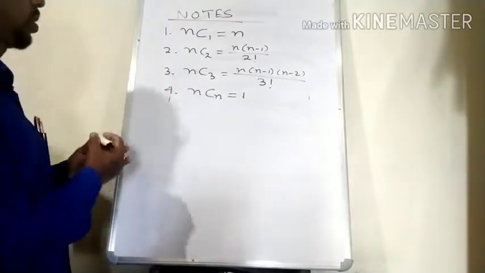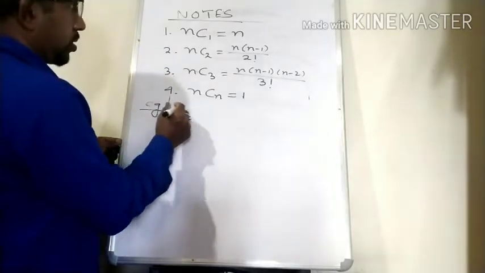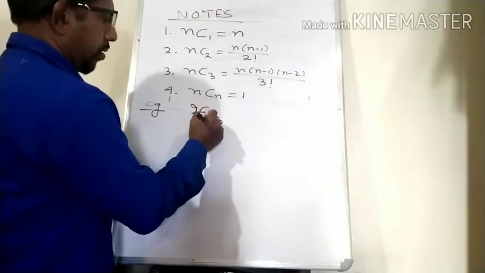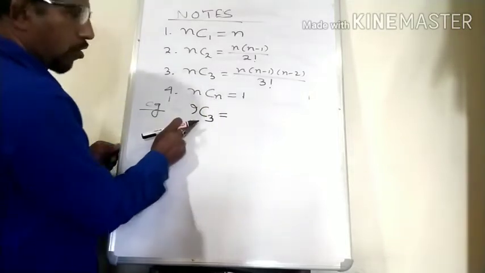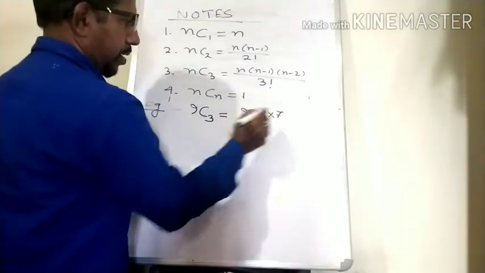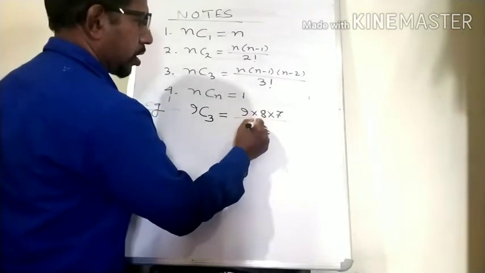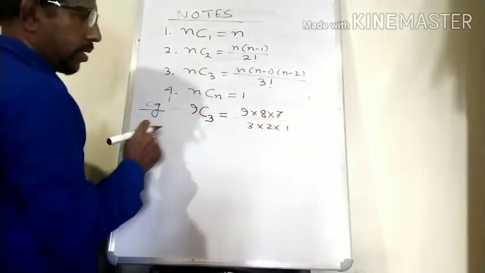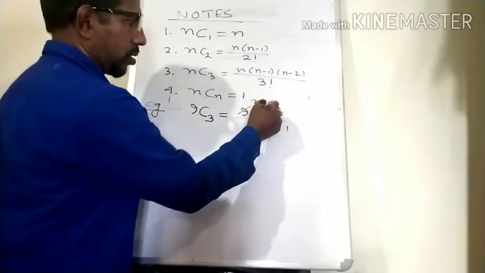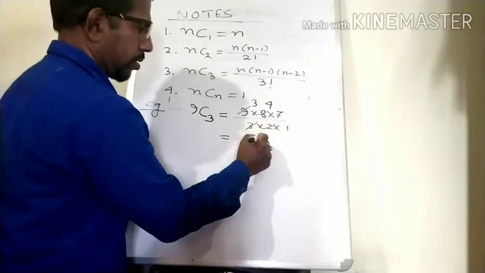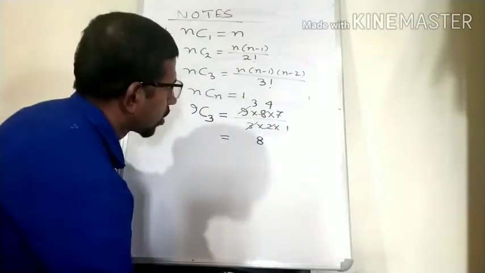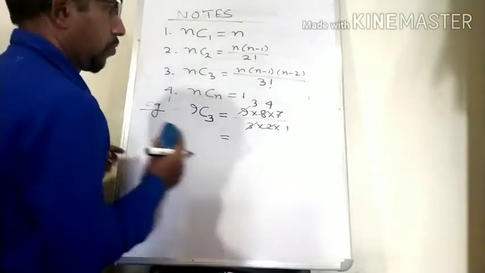Very important. As for example, suppose we get 9C3. If you are going to find this value, you have to apply 9 into 8 into 7, 3 times, divided by 3 into 2 into 1. So we can reduce it: 3 3s are 9, 2 4s are 8, then 12 into 7, and 12 into 7 will be 84.